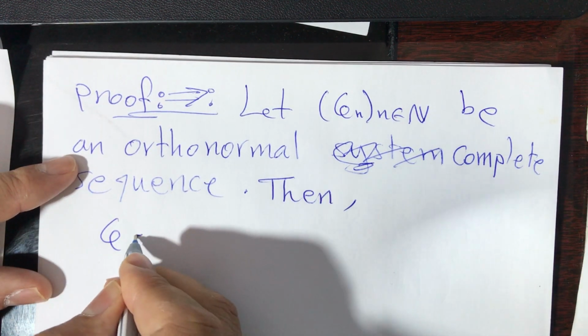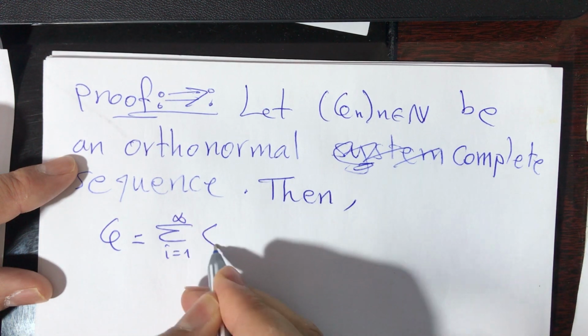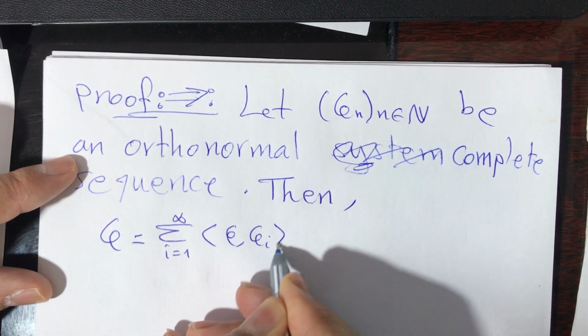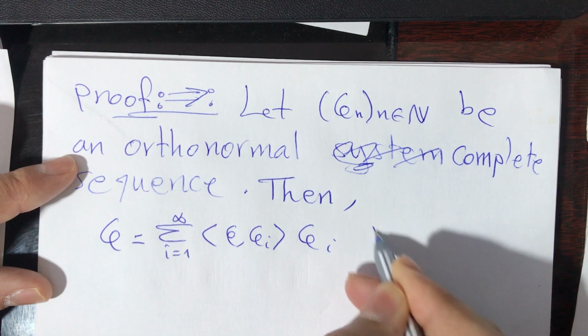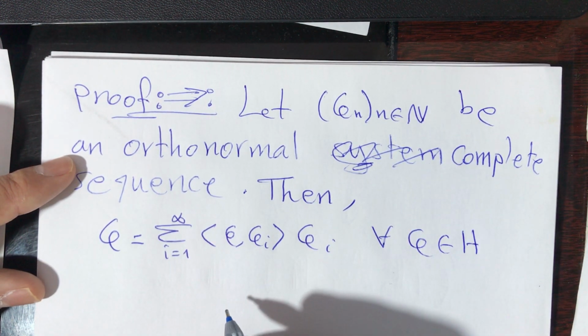Then phi is equal to the summation i from 1 to infinity of the inner product of phi and phi i times phi i, for all phi belongs to H.